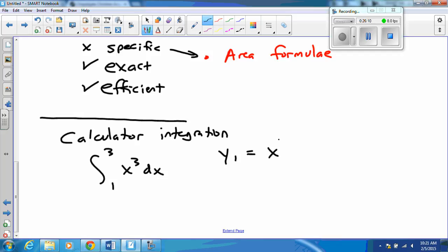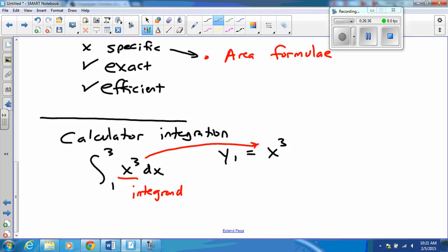First of all, you're going to let y1 equal the function that you are integrating, which we call the integrand.